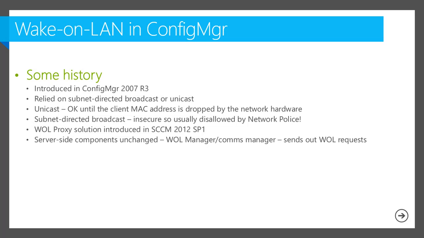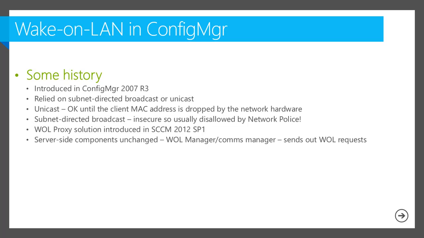But the problem with Wake on LAN as a technology, in its interaction with the network, is that both methods have drawbacks. So unicast is kind of okay until your client's been off for quite a while and then the MAC address is dropped by the network hardware.